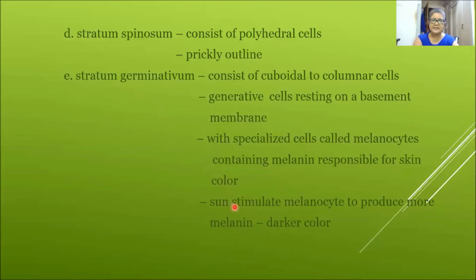Regardless of the race, whether you are a darkly colored person from Uganda, or fair colored from France or the US, your number of melanocytes will be the same. But because of the activity of the melanocytes, when they are more active, they produce more melanin, so the skin becomes darker.